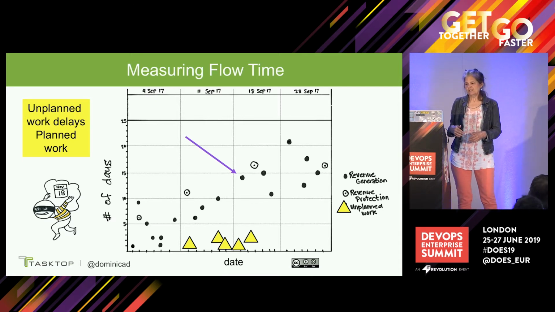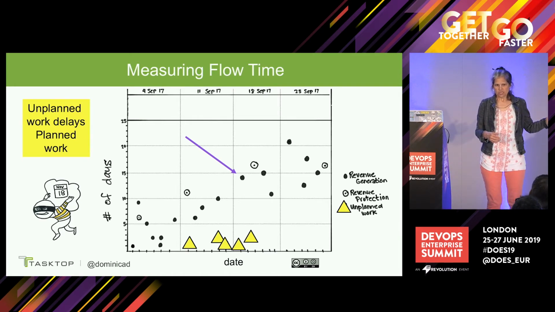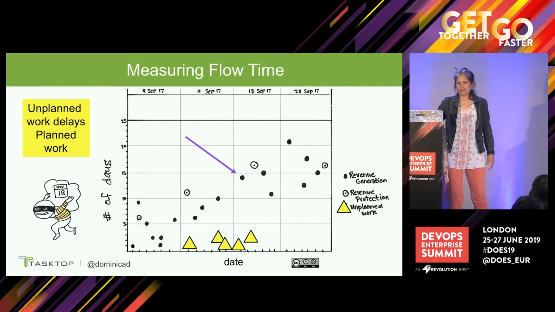And then I've highlighted unplanned work here, because if you're tracking unplanned work, it's going to show up in your data, and then you can present this to people to explain why this feature that the purple arrow is pointing at was delivered a week later than the target date.